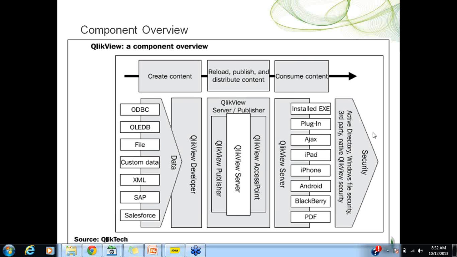Hi, Abhijit. The question is about the slide that you are showing now, the component overview. We see the whole development activity, the publisher, the implementations, or the consume content, in 3 separate parts: create content, reload, and consume.